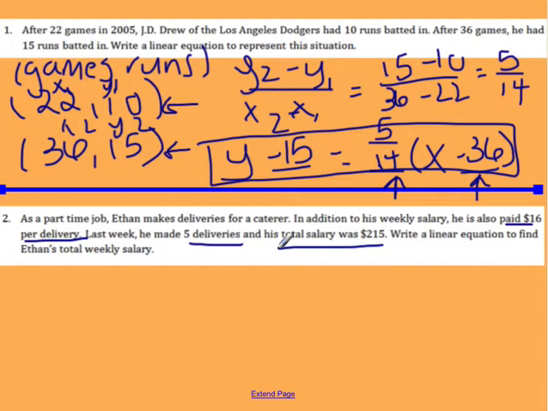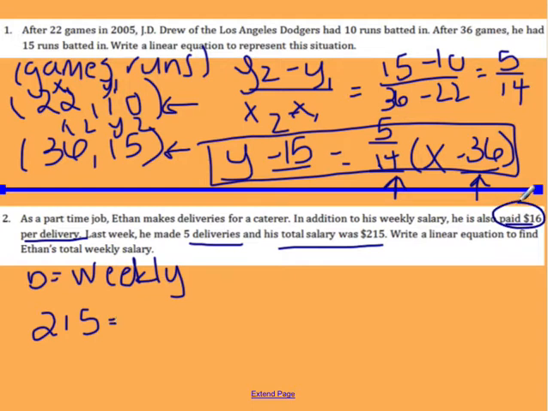So let's let B, or the y-intercept, represent his weekly salary. One week he made a total of $215. We know that he gets $16 for every delivery that he makes, and that week he made 5 deliveries.